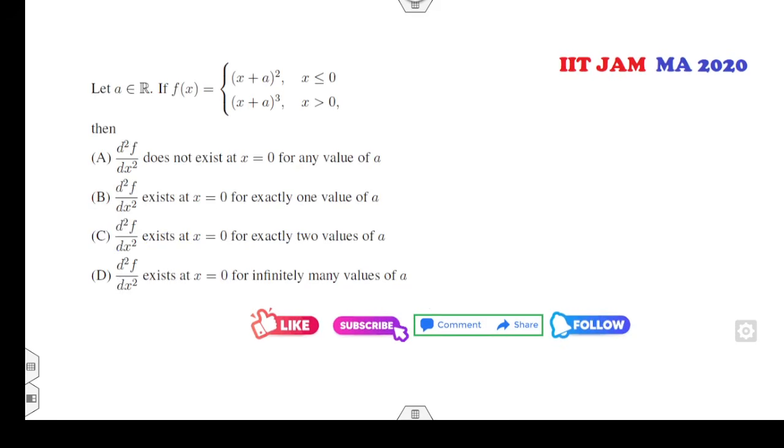Okay, look at this another one. Second derivative does not exist, second derivative exists, and so on. Differentiability. For differentiability, we always need, firstly, the function must be continuous. The function is continuous at 0 when the lower limit is equal to the upper limit, and it must be equal to the function value at x.